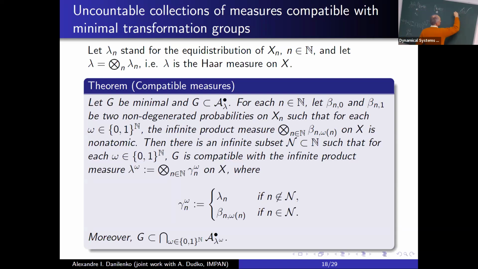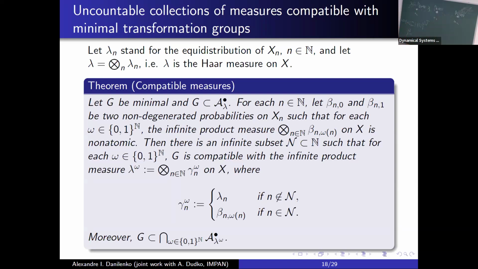Here is beta 3, omega 3. And so on. All the other measures between these positions are the corresponding lambda. So we took the Haar measure and then modified it in some positions: N1, N2, N3, and so on.